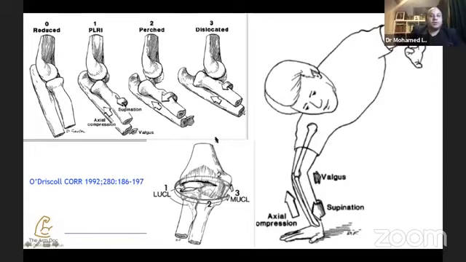Here, Horii describes the circle of Horii, or circle of injury, from lateral to medial. The first structure to fail is the lateral ulnar collateral ligament, followed by the radial head, then the capsule from anterior to posterior, and finally the medial ulnar collateral ligament.